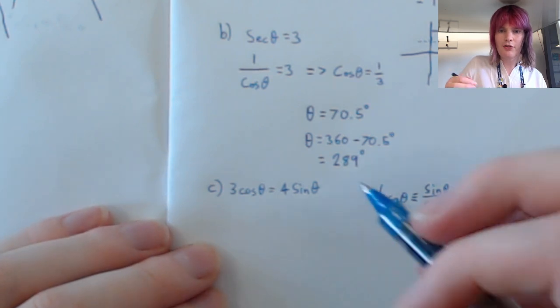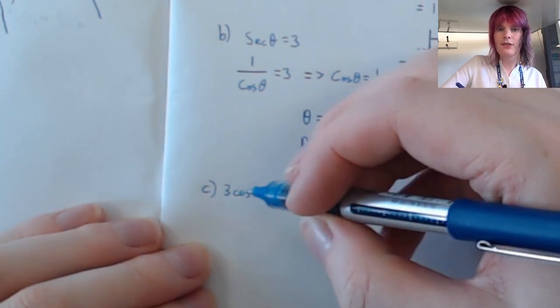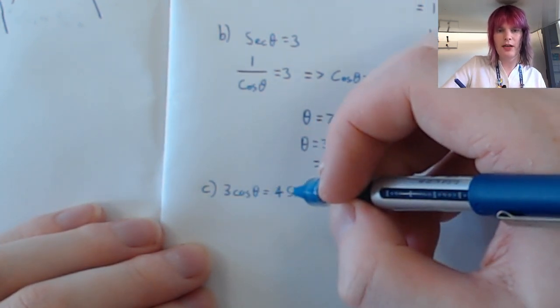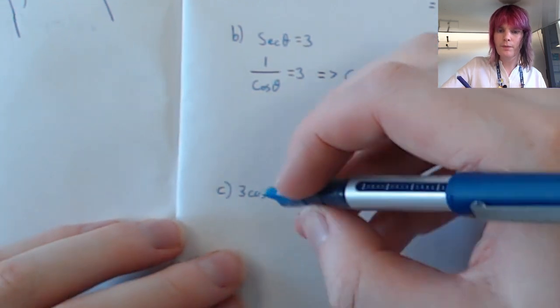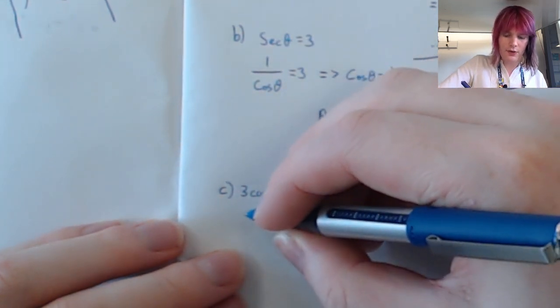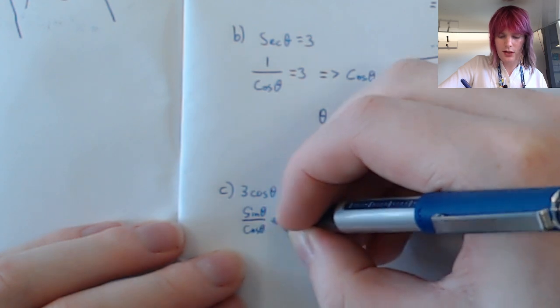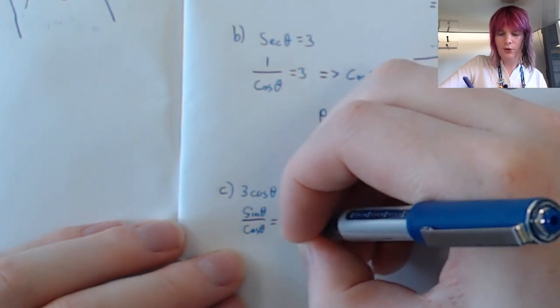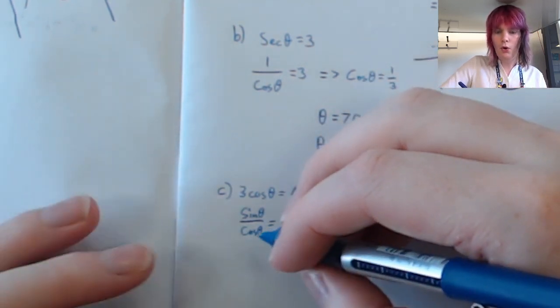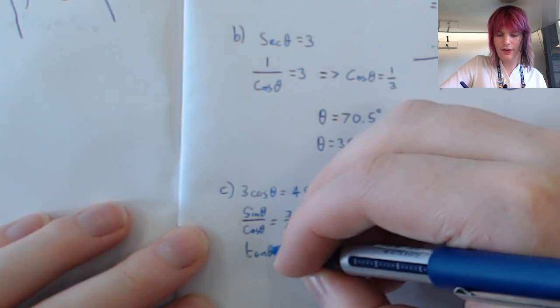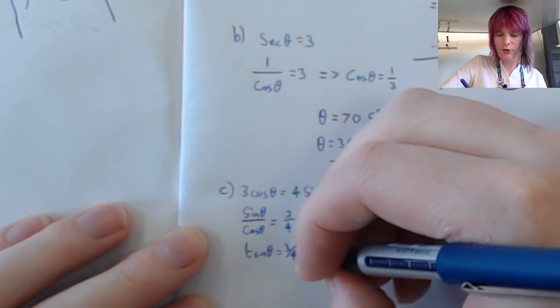We can do this calculation by dividing through by cos theta, dividing through by 4, and we would get that sine theta divided by cos theta is equal to 3 divided by 4, or tan theta is equal to 3 divided by 4.